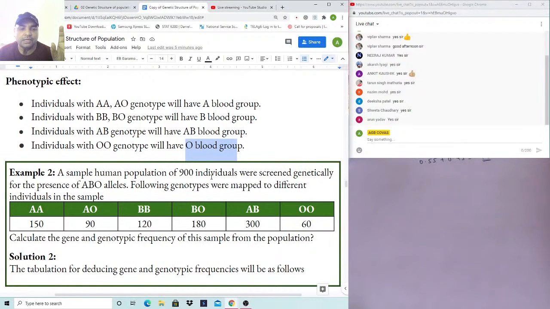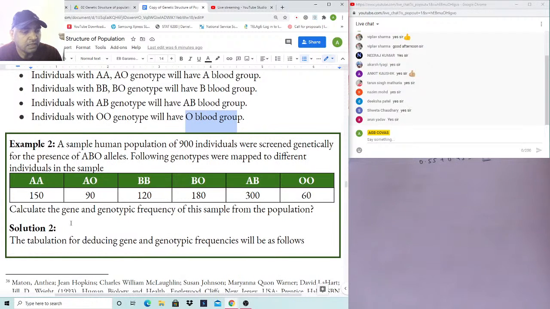So in a population, 900 individuals were screened genetically for the presence of ABO, and the following genotypes were mapped to different individuals in the sample population. Okay. Now what we have to do is calculate the gene and genotypic frequencies of this sample from the population.